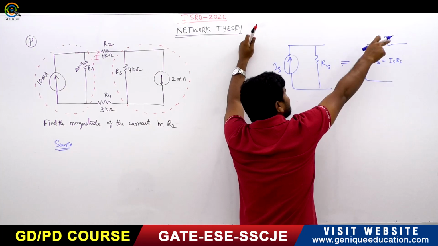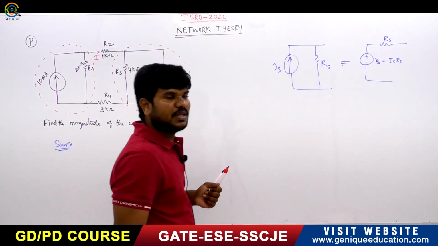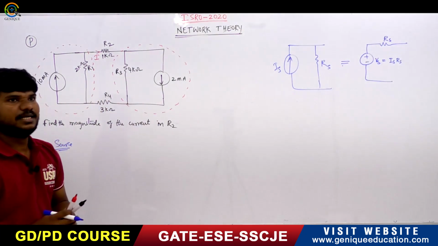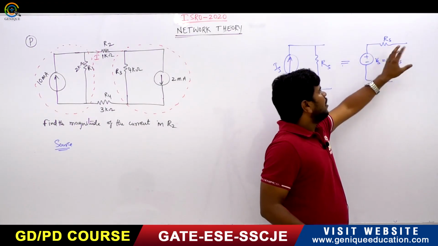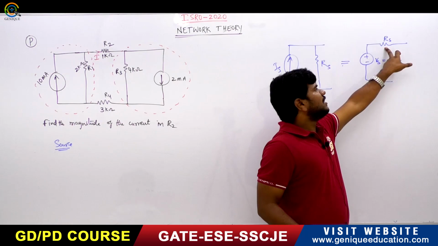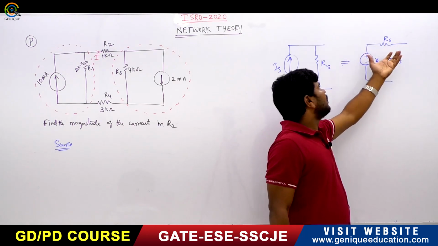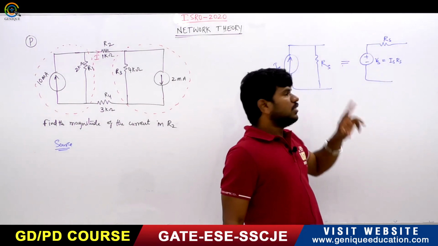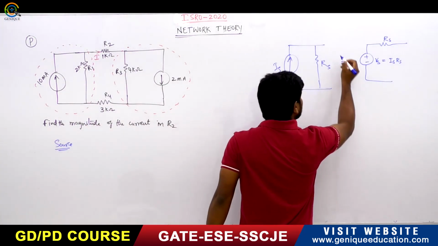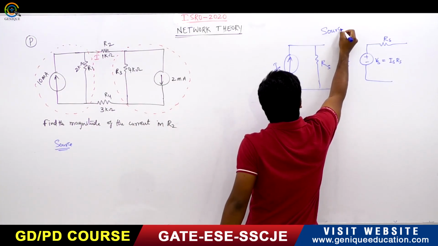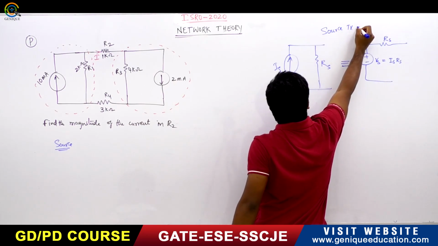The same resistance is kept like this. Suppose the voltage source in series with the resistance is given, now you can convert it into the current source in parallel with the resistance. This is called the source transformation technique.